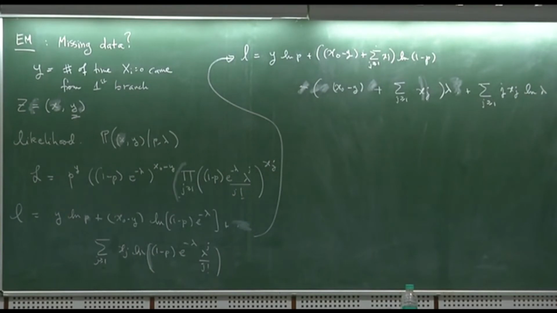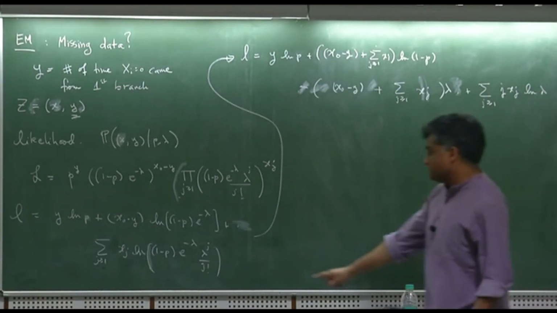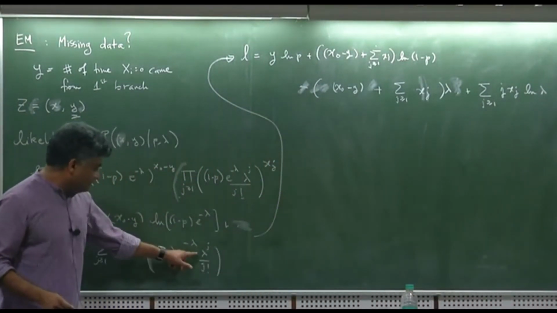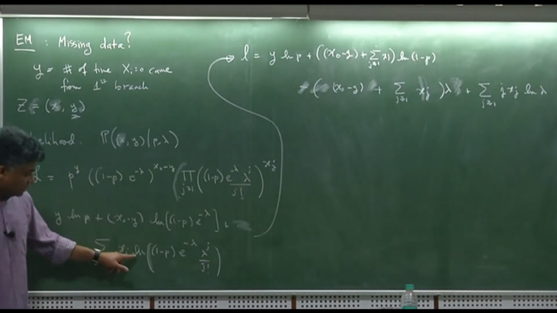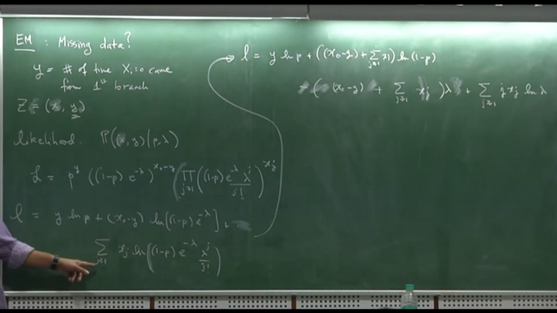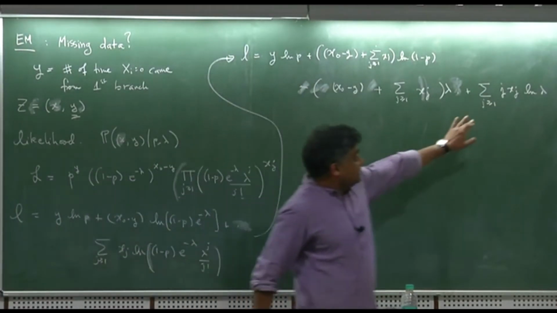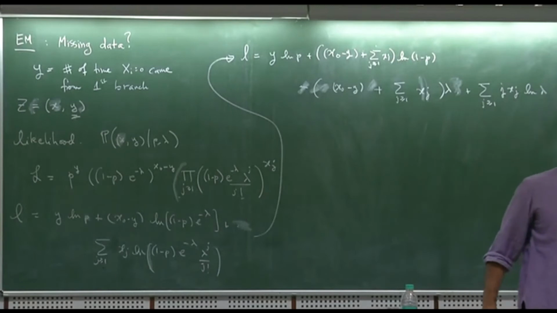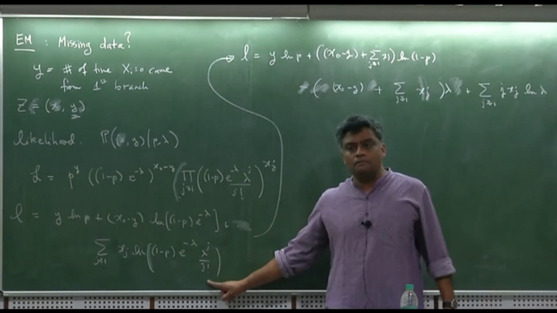Okay, so that's this part, lambda to the power j. If you take log of lambda to the power j, the j comes down and you get summation over j greater than or equal to 1 of j times xj log lambda. Perfect. Now why did I ignore this j factorial term?